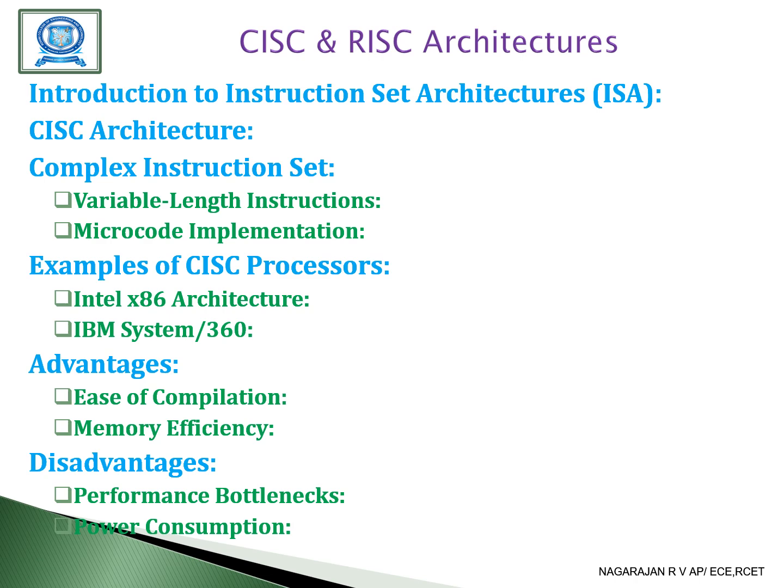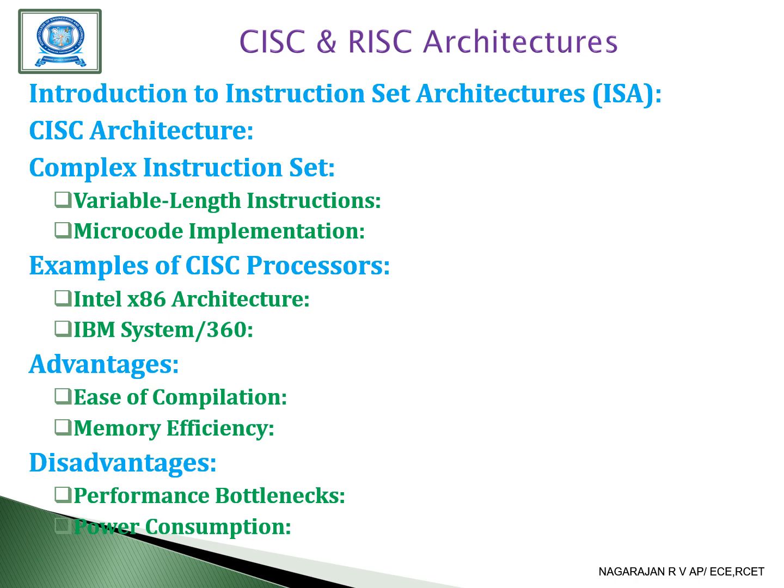Let us see examples of CISC processors. The Intel x86 architecture is widely used in desktop and server processors. And the IBM System 360 is an early example of a CISC architecture designed to support a broad range of applications with a complex set of instructions.